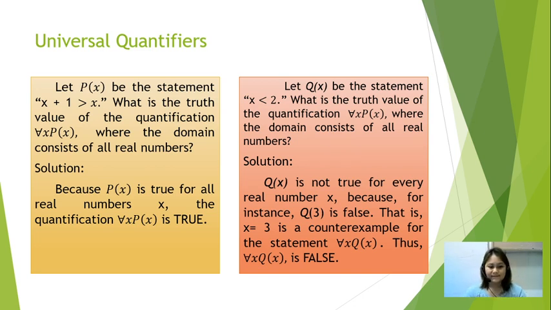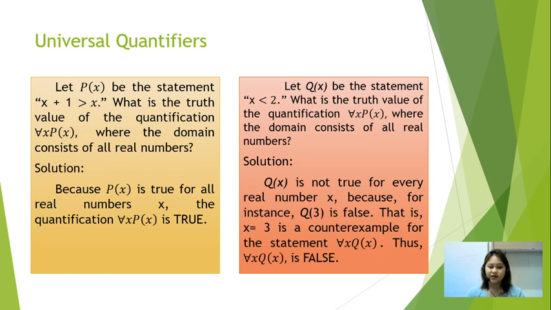The next one is let Q of x be the statement x is less than 2. So what is the truth value of the quantification for every x Q of x where the domain consists of all real numbers? So it says there that Q of x is not true for every real number x.